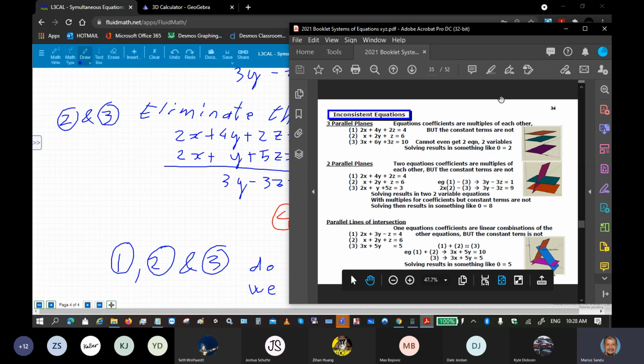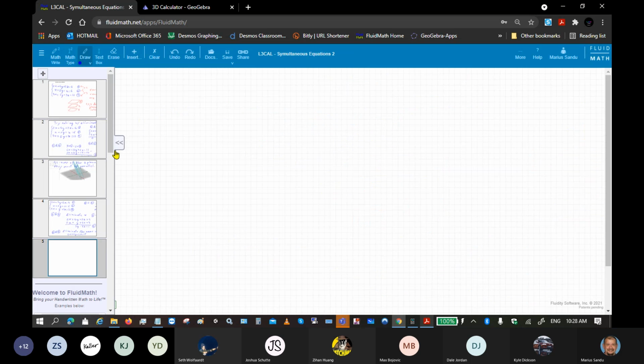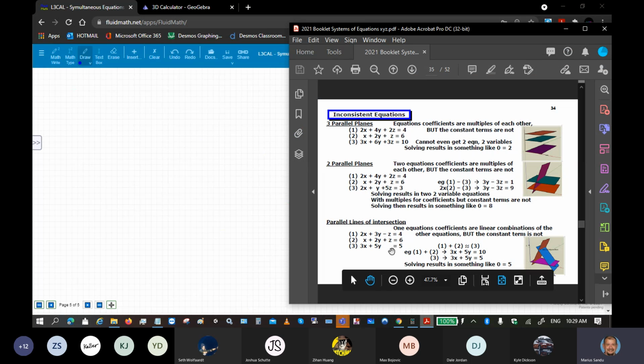All right. So let's have a look at the third scenario, where I've got these guys here. Okay.